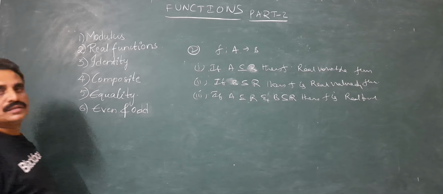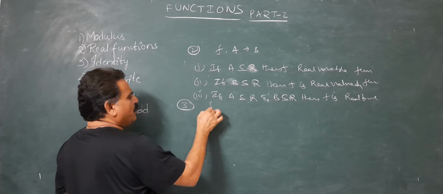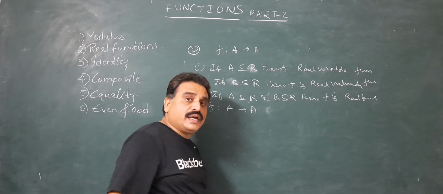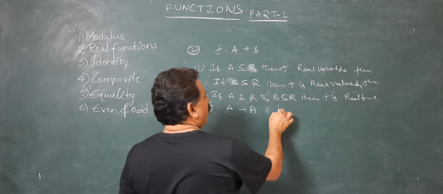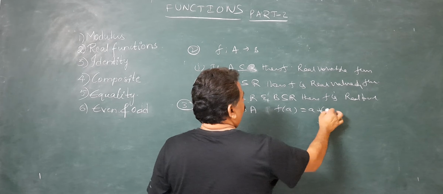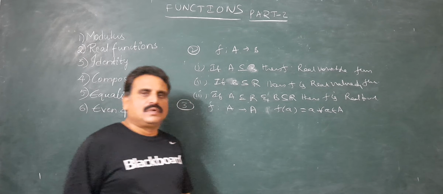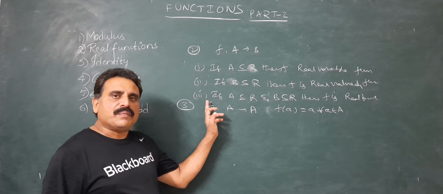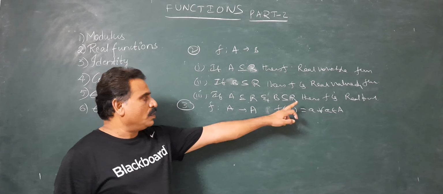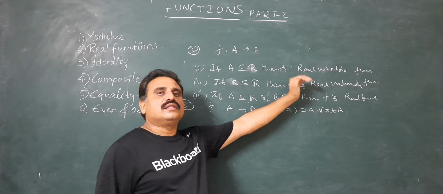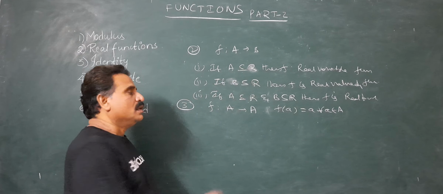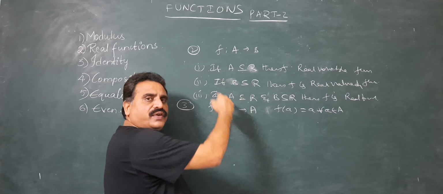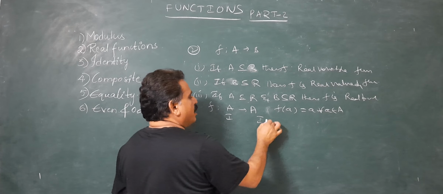Now identity function. Third one, if f maps from A to A, it is defined as f of a equal to a for every a belongs to A. F is a function defined on the set A such that f of a equals a for all a belongs to A, then that is called the identity function, denoted by I. I is the identity function defined on A, sometimes denoted by IA.